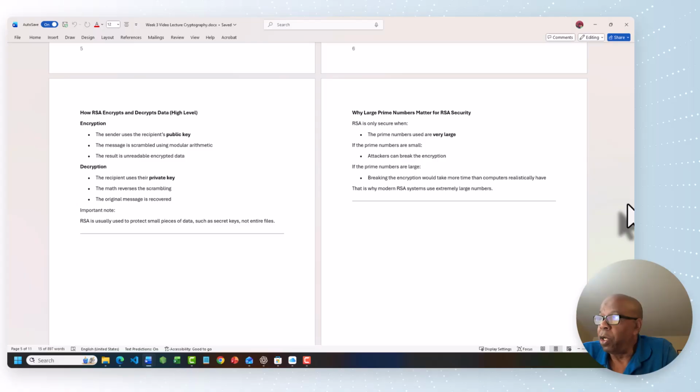If prime numbers are large, breaking the encryption would take more time than computers realistically have, which is going to be a very long time. That is why modern RSA systems use extremely large numbers. In your project, you'll be using big integers, because when we do the multiplications, we're going to be using very large numbers.